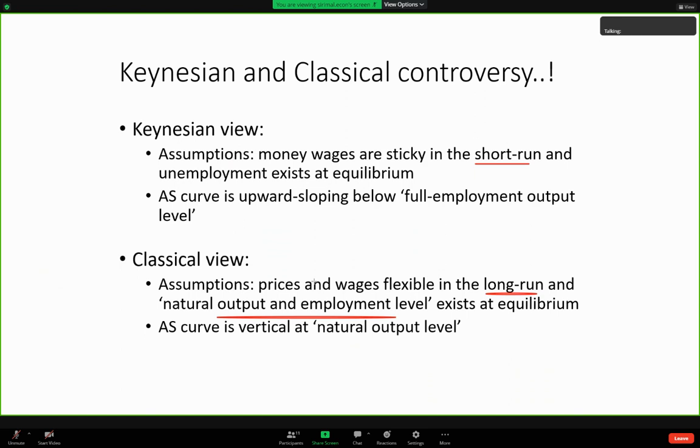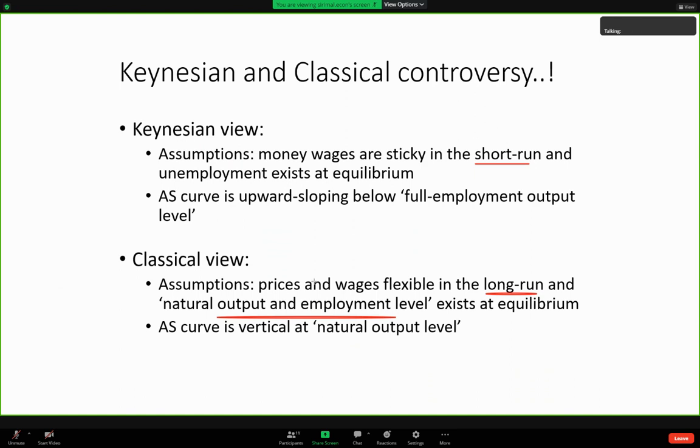It can be different from the full employment output level, but all those differences are temporary. That's why they assume long run. In the long run, those temporary things would disappear and the economy comes to the long run equilibrium.